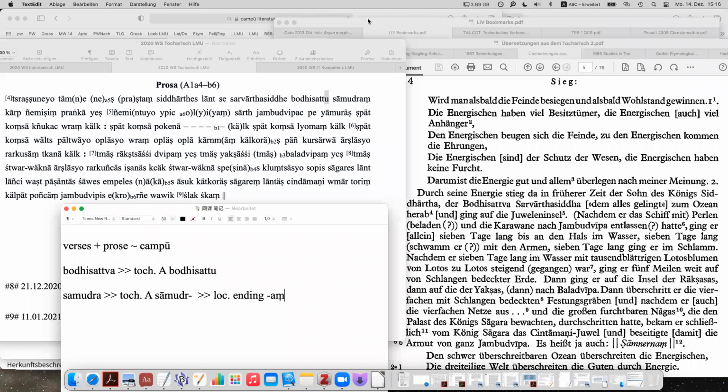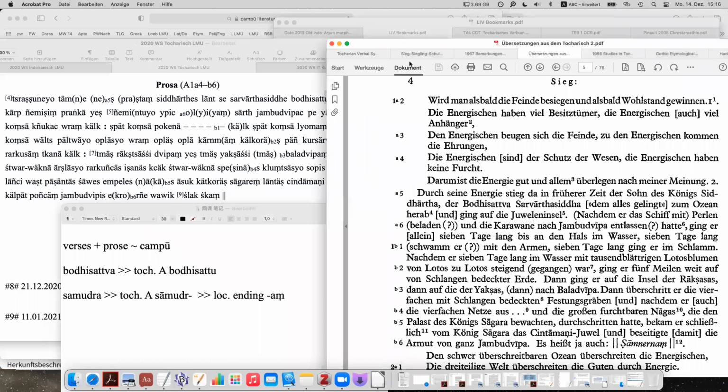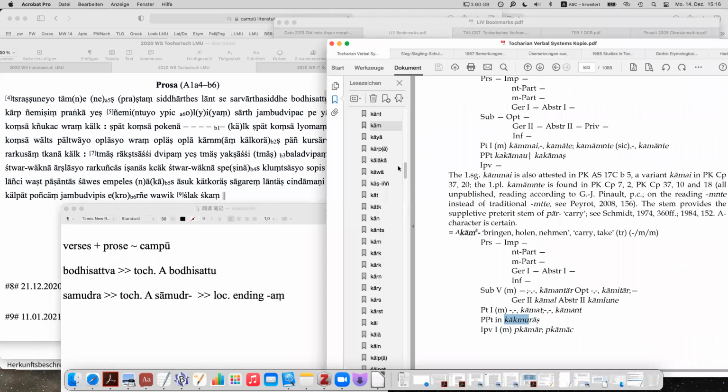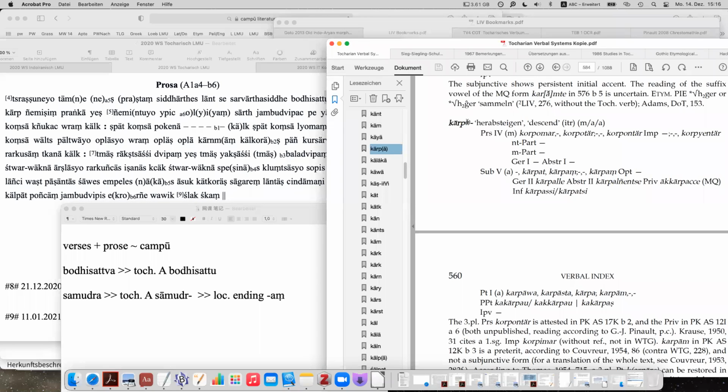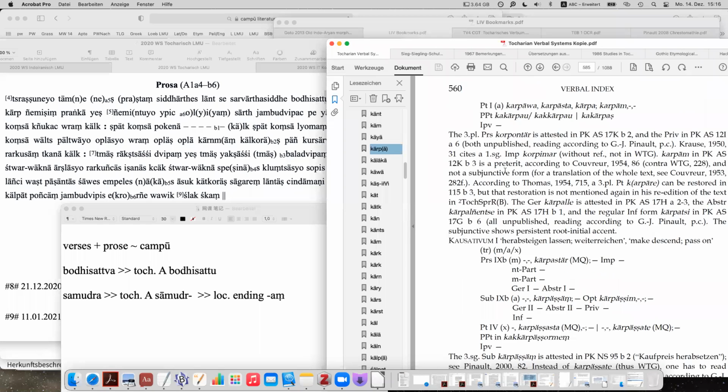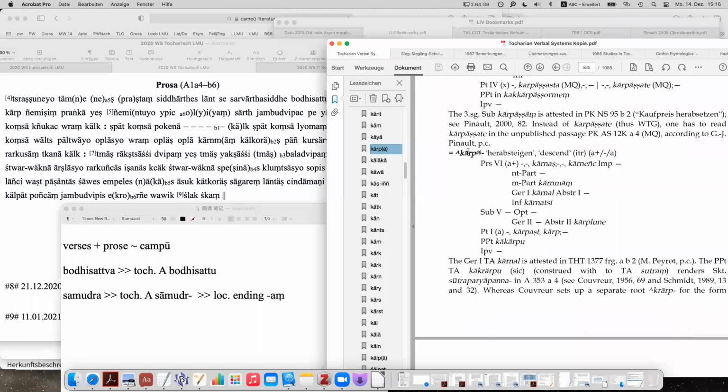So we can actually check the verb here. So the word is called karp. This is B, and then in Tocharian A, it's also called karp. And the present is a sixth class. So sixth class is actually the na, right? So that's why we have karna here.